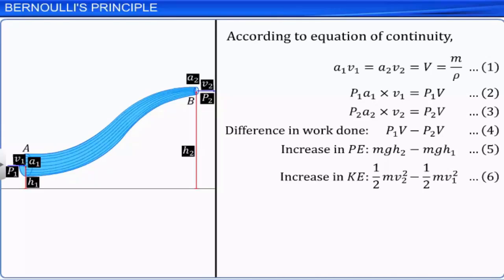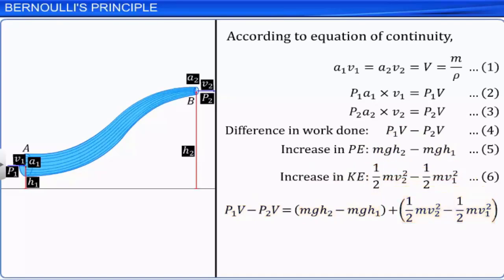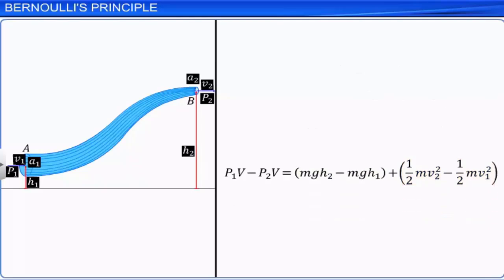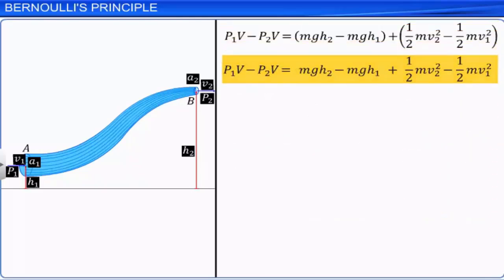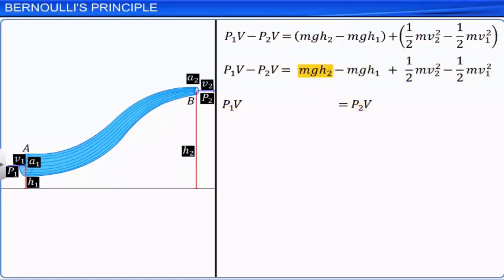According to the work energy theorem, work done is the sum of the increase in potential energy and the increase in kinetic energy. Substituting and rearranging the terms, we get the equation as shown.